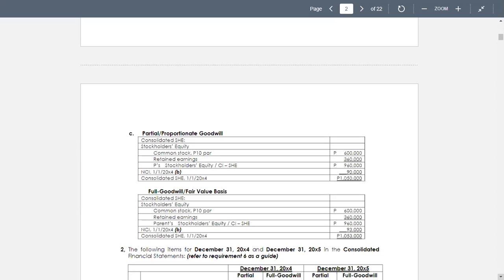The non-controlling interest by using full goodwill, or we have fair value basis goodwill of 93,000. So the consolidated shareholders' equity is 1,053,000. Okay, so these are the requirements and answers to requirement number 1. We have 1, A, B, and C.